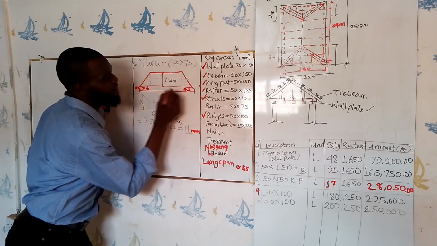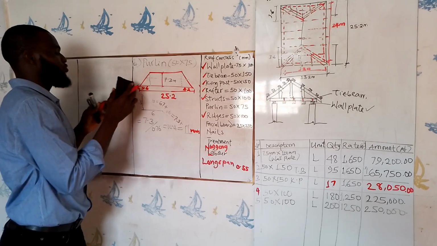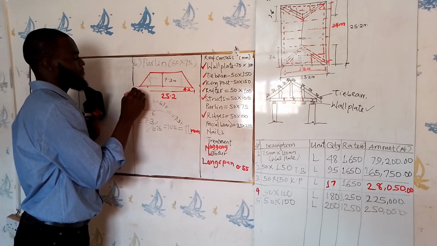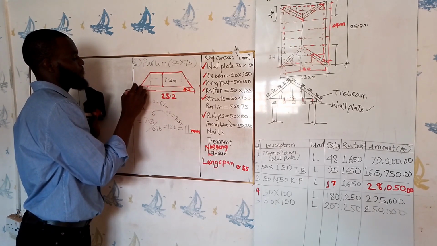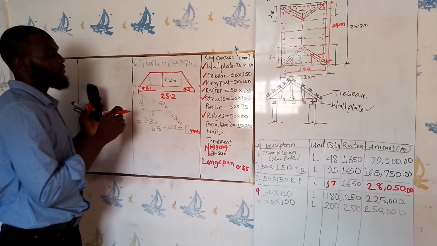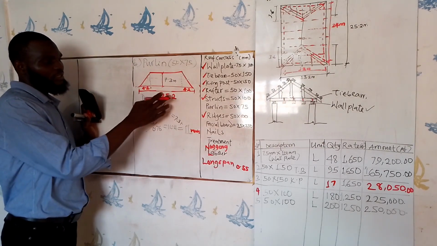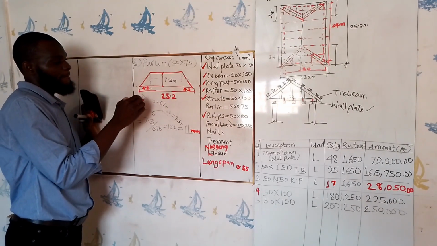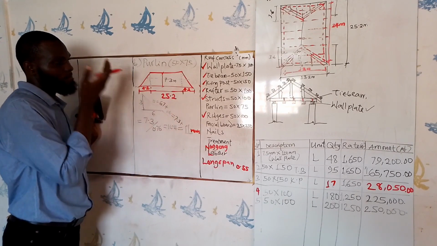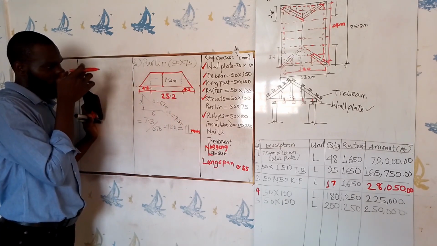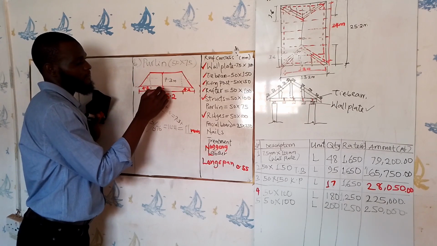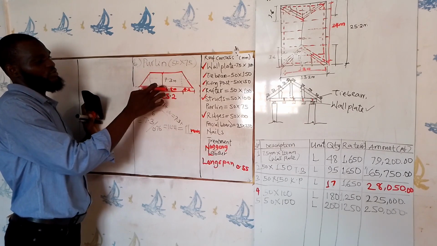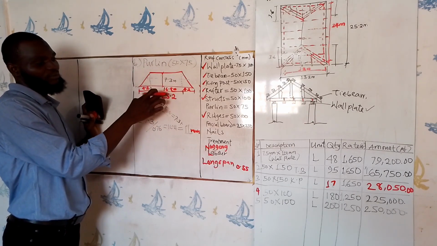Here too will be 4.2. So you can now say 4.2 plus 4.2, that's 8.4. 25.2 minus 8.4 is 16.8 meters. So this rectangle is 7.3 by 16.8 meters.